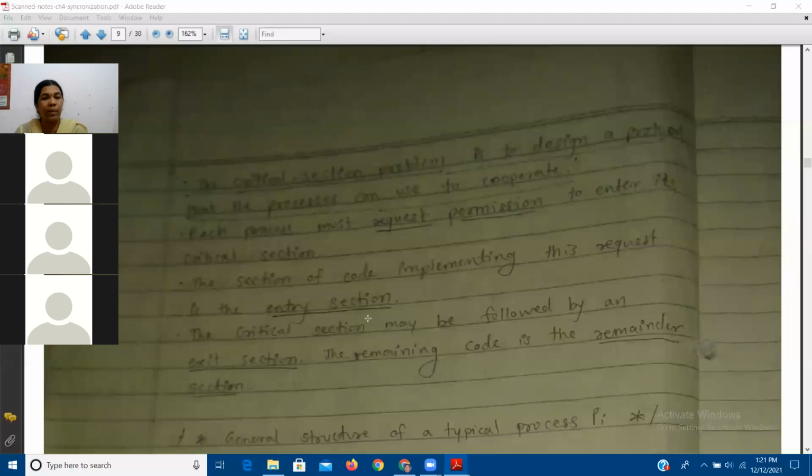Just to check the status of that resource. By checking the status, I am requesting, I want to use that resource. When it is free I can use it, and if it is not free, I need to wait. So whatever task is executed for doing this is called the entry section.